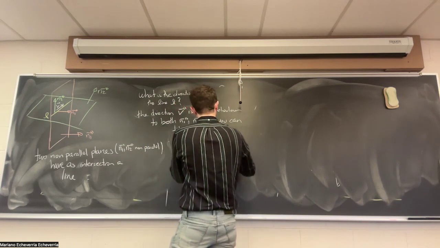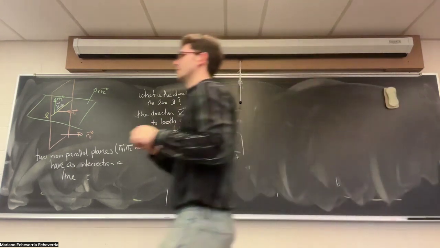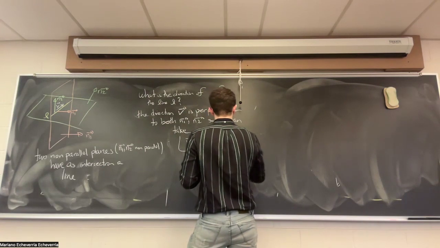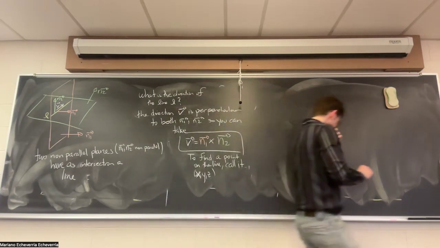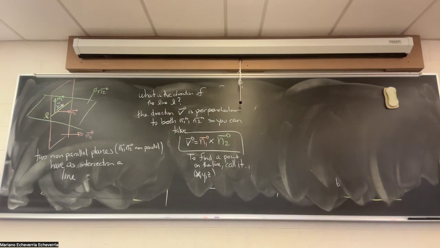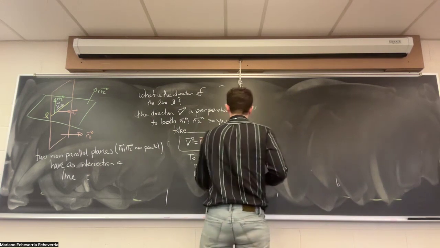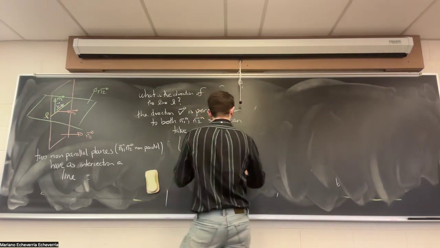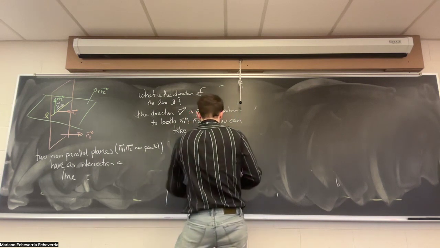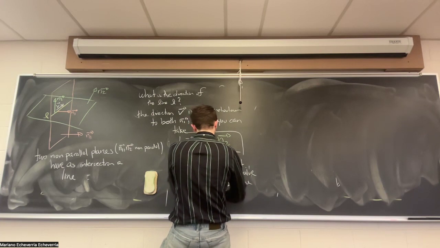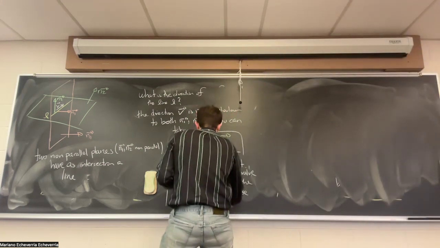To find a point on the line, call that point X, Y, Z. What you do is make one of the variables 0, or give a particular value to one of the variables, and use the plane equations to find the values of the other two.